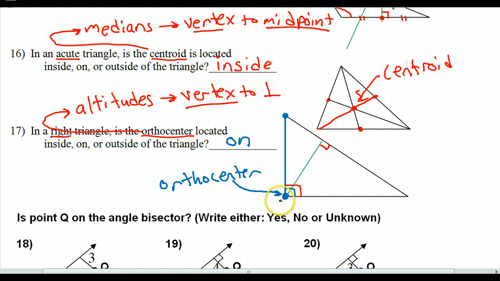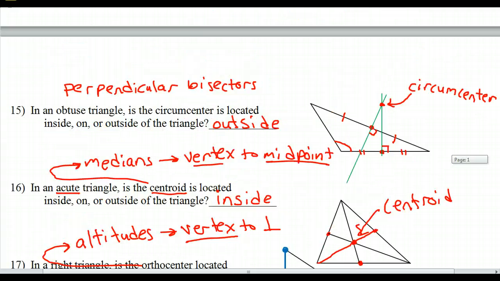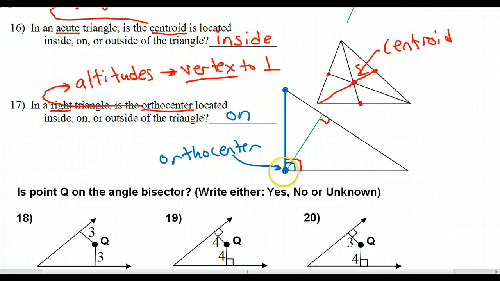It's right at the corner. All right, so to me, the best way to figure out if these things are inside, outside, or on the triangle is to draw them. Draw the triangle, draw the intersecting lines, and see if they're inside, outside, or on the triangle.